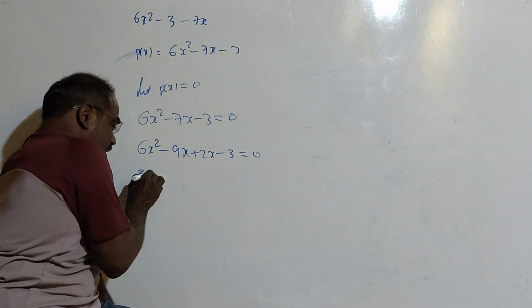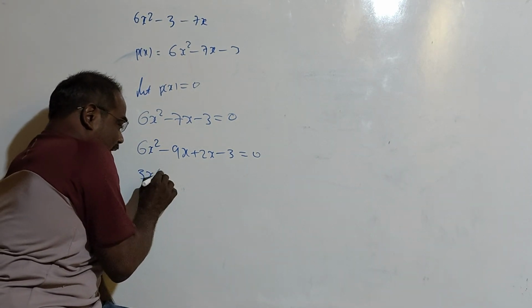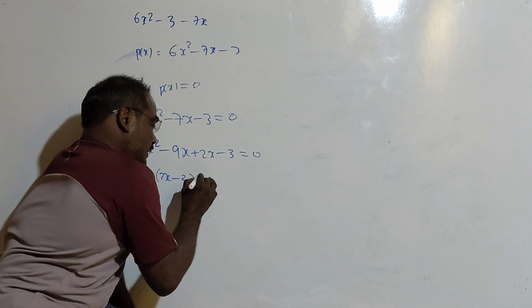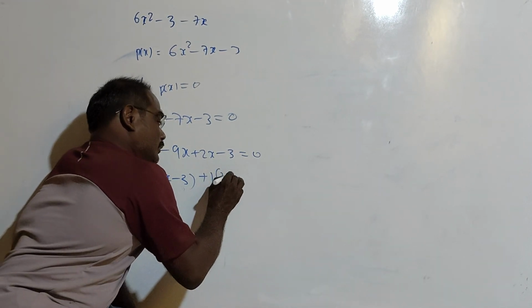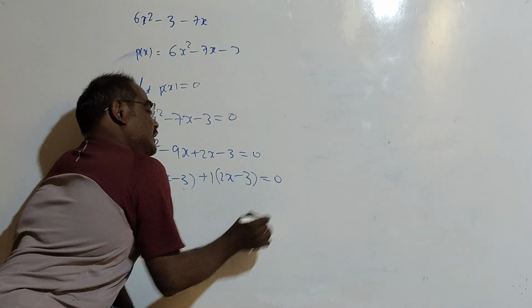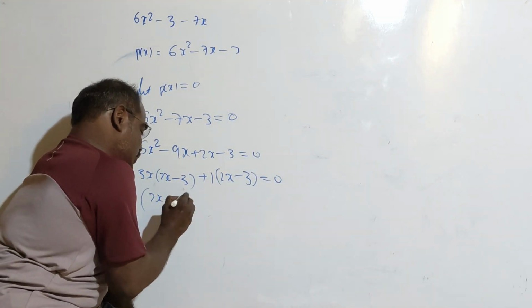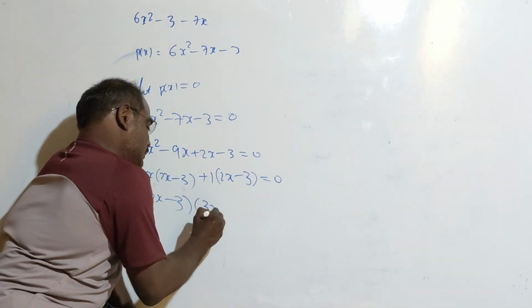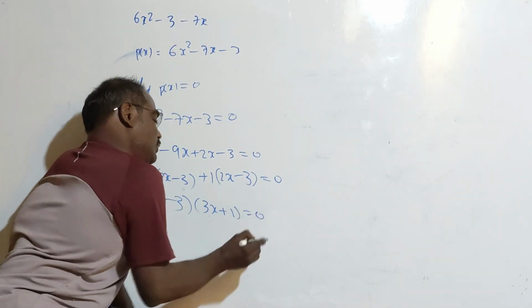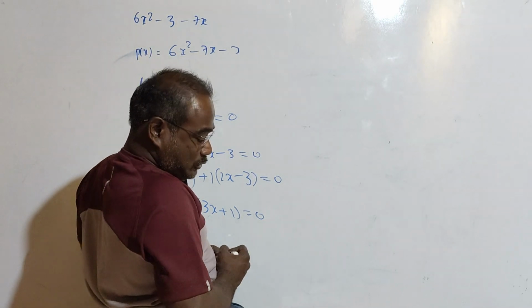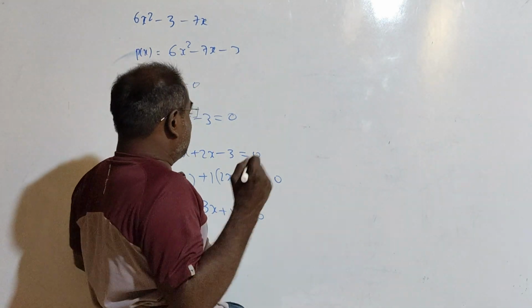If I take 3x common, here it will become 2x minus 3 plus 1, 2x minus 3 is equal to 0. So 2x minus 3 is common. Next is 3x plus 1 is equal to 0.